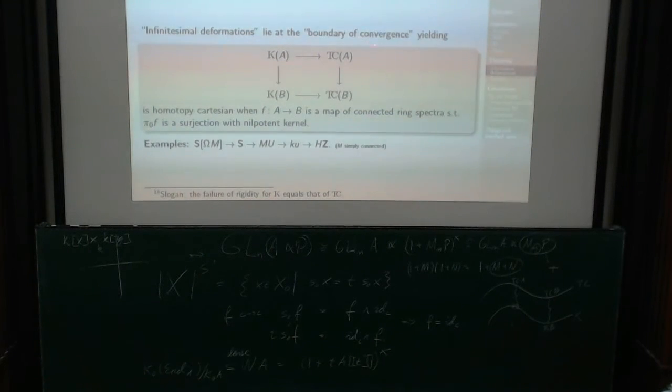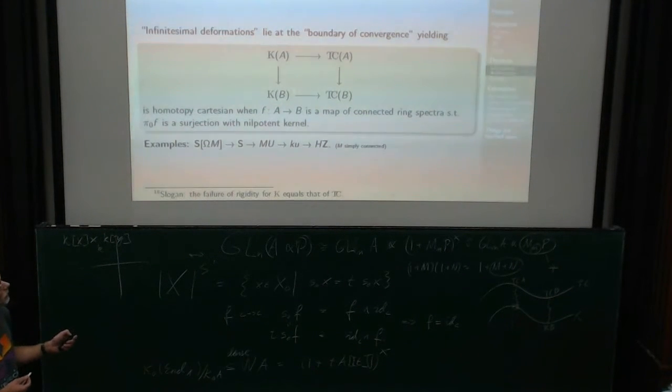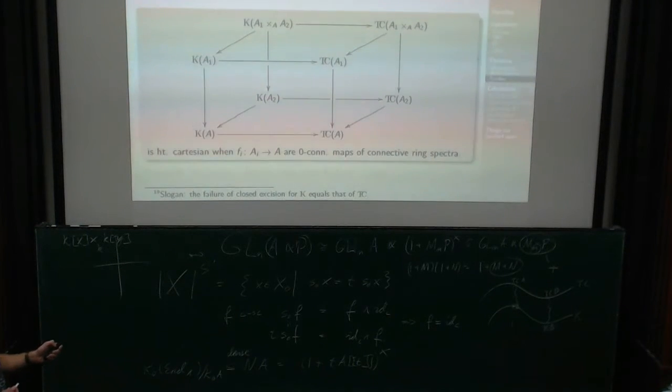That's exactly at the boundary of convergence, by the way. From these Taylor tower considerations, it is clear that if pi naught of f were an isomorphism, then everything should be fine. But it actually goes well when we have nilpotent kernel as well. So these small deformations and this closed excision situation.